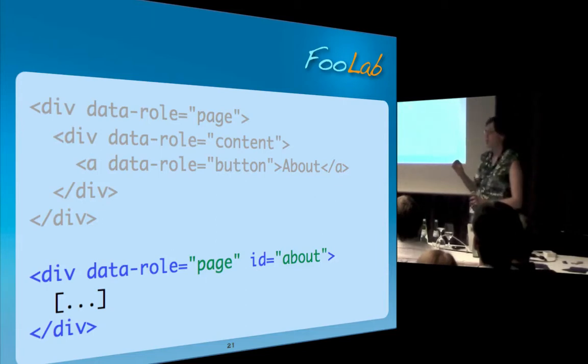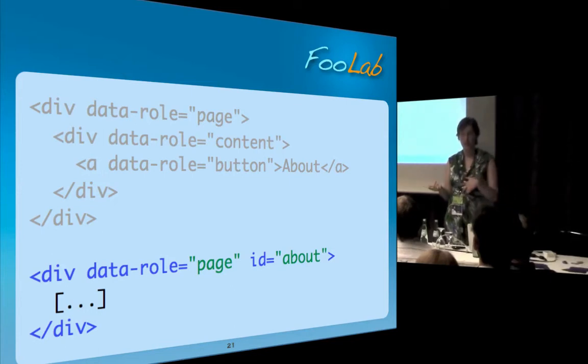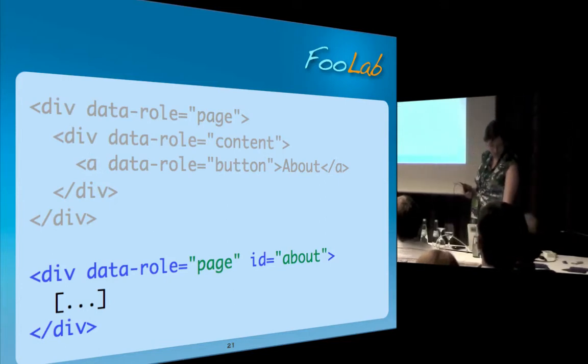By default, jQuery will display only the first one, will make it visible, and the other ones will be hidden until such time as there's a link that points to them. Then it will play a transition and display the correct one. And to create a link, you just use a standard hashtag about that points to this. I'll show you this live.